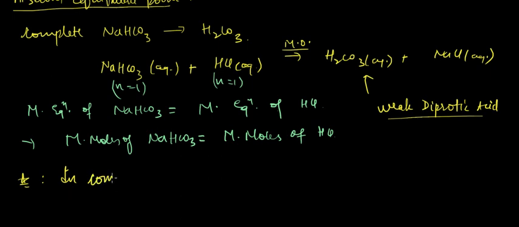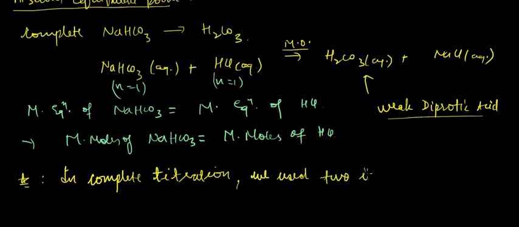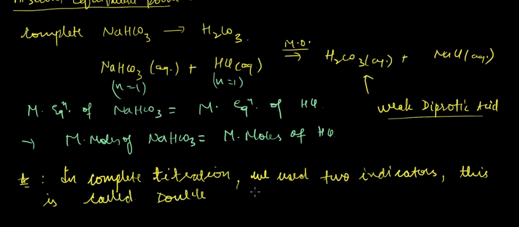So in complete titration we use two indicators, and this is called double indicator titration.